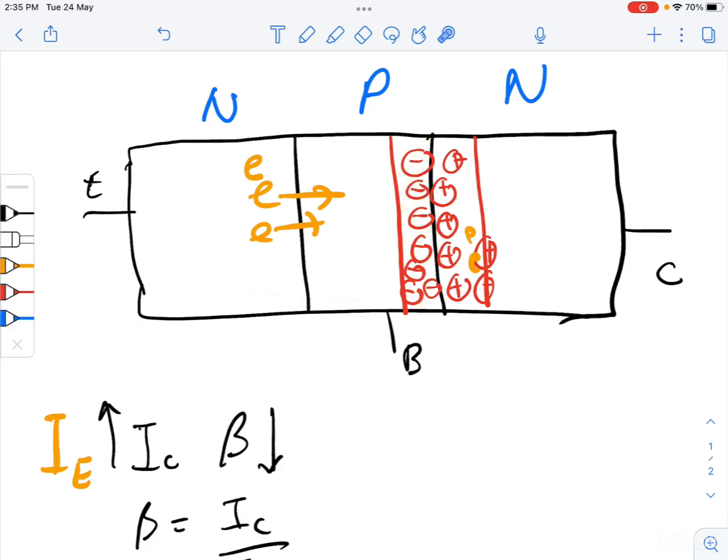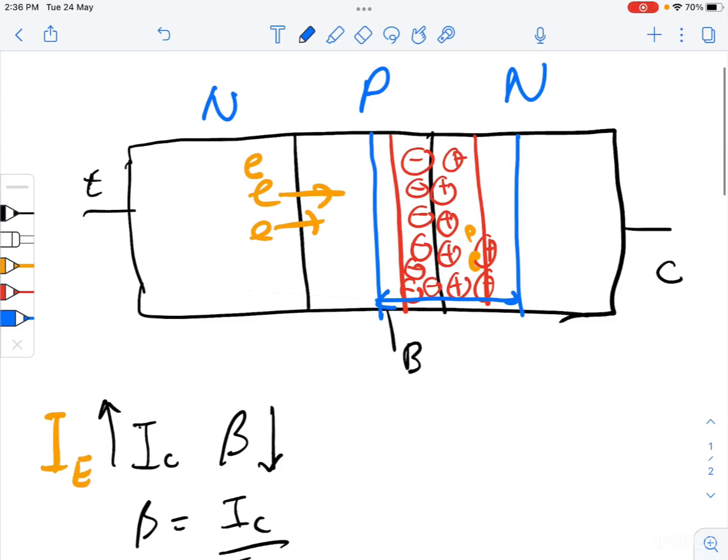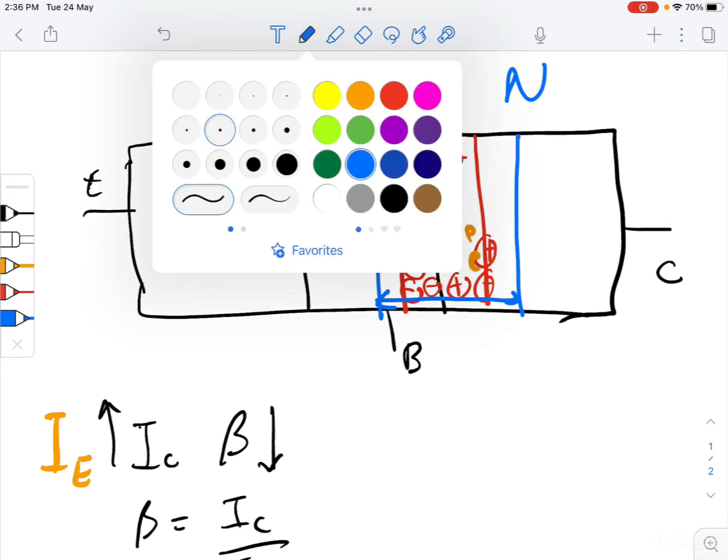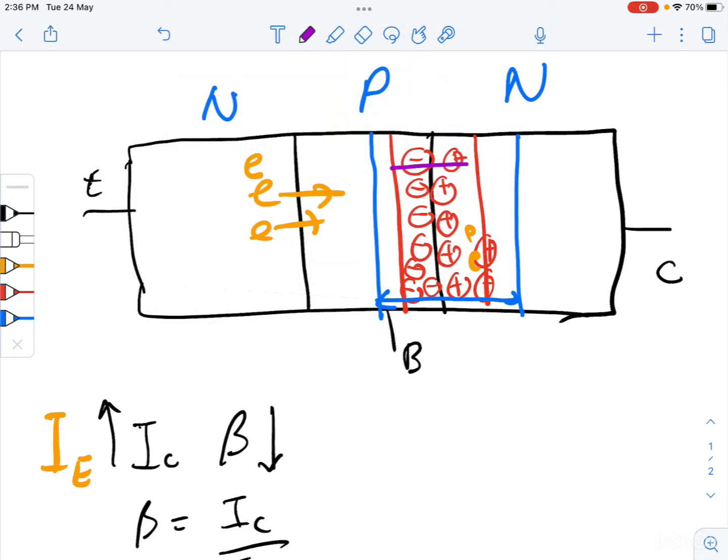Now, the previous depletion region was here. The blue one is the old one. So now with very high collector current, we have, let's not choose the same color, the purple. The previous one is the blue, the new one is the purple.